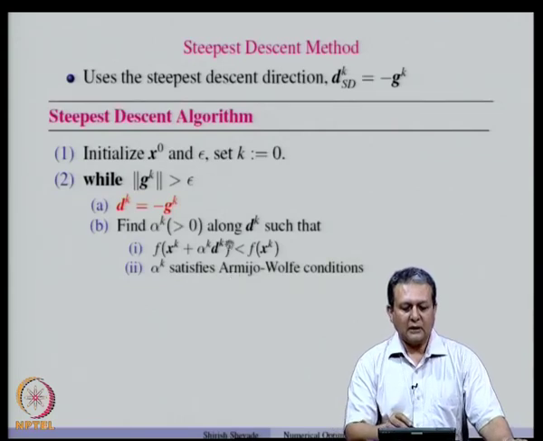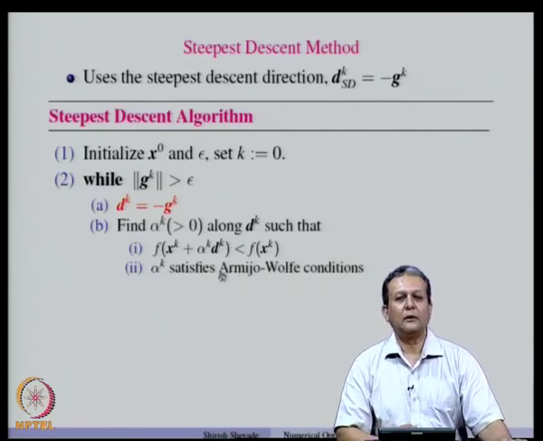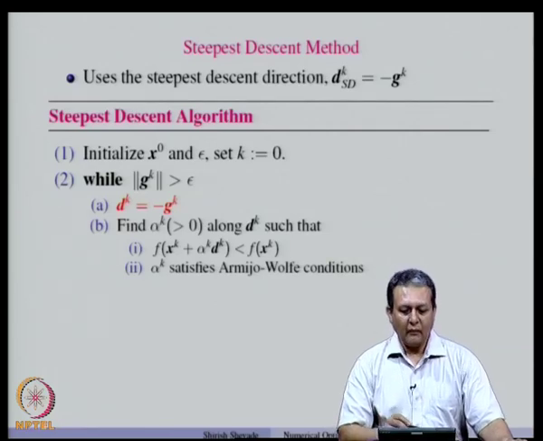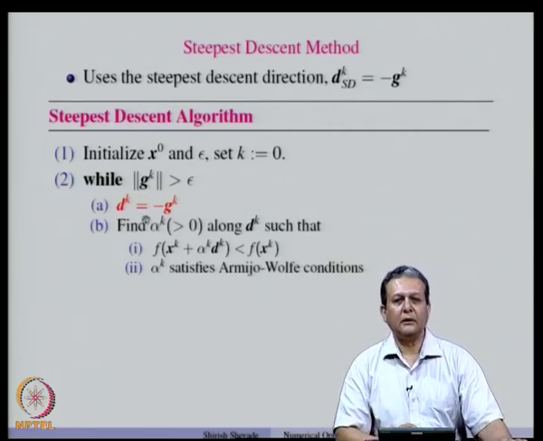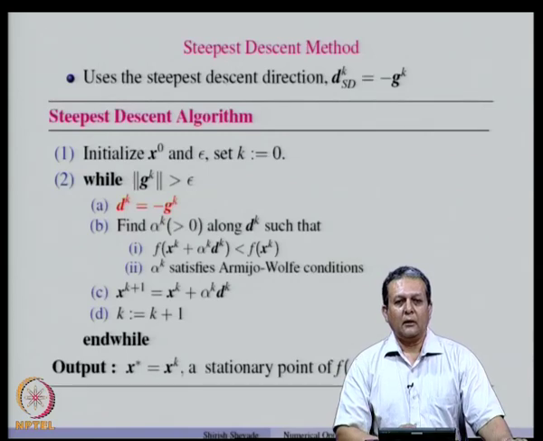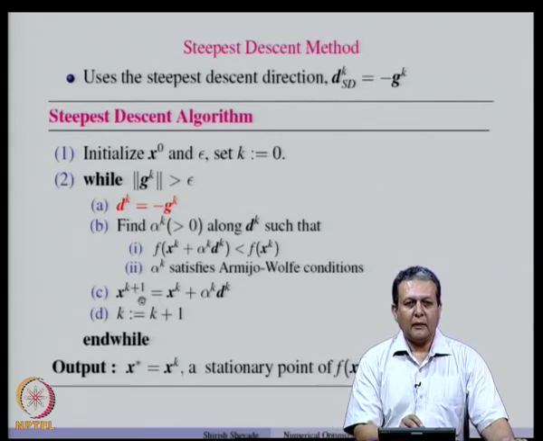Remember that these conditions are necessary to ensure convergence of an optimization algorithm. These conditions, along with the condition that the direction is a descent direction, are used, and then xk is moved to xk plus 1 by adding alpha k dk.